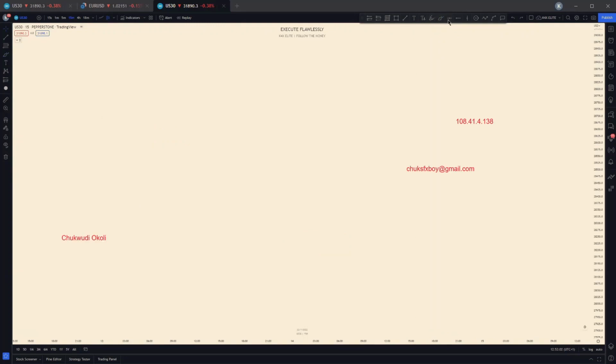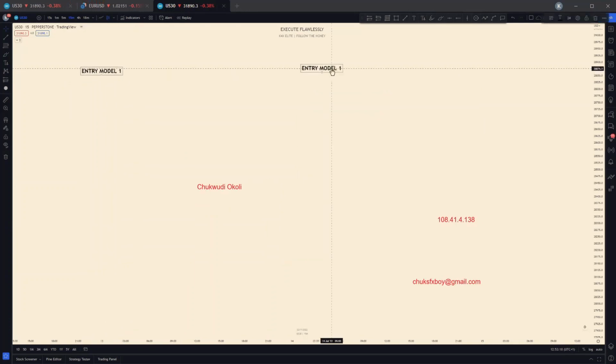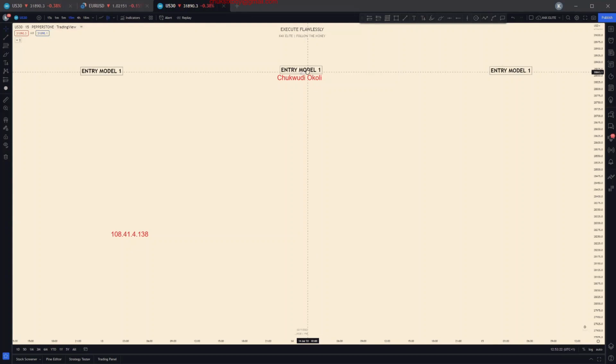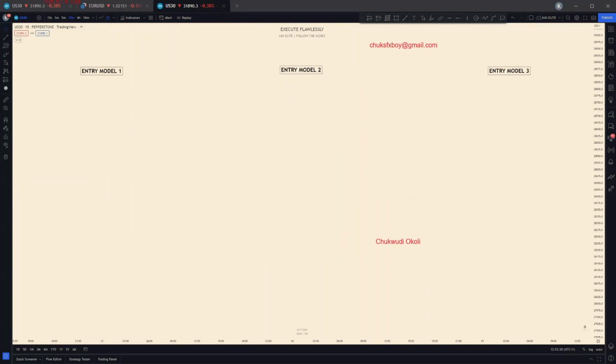Okay, cool. Hold on. Order flow range is unmatched. Sick. Okay, so let's start with here. Entry model 1. I'm going to just go through the overview first, before I actually show you examples. Okay. Entry model 2, entry model 3.